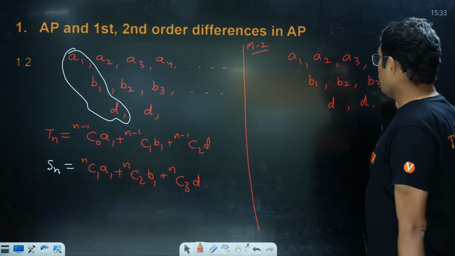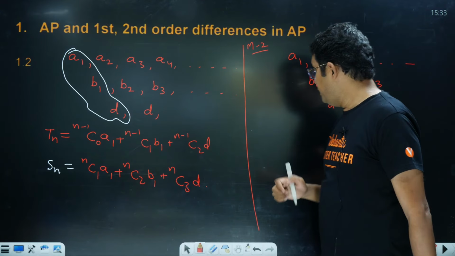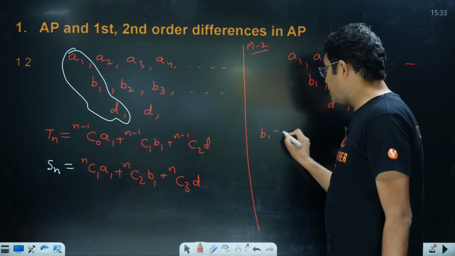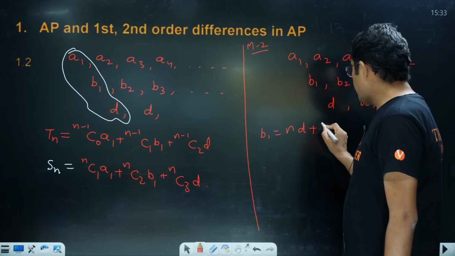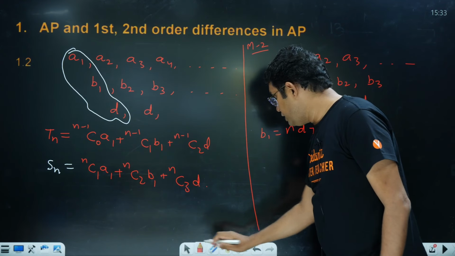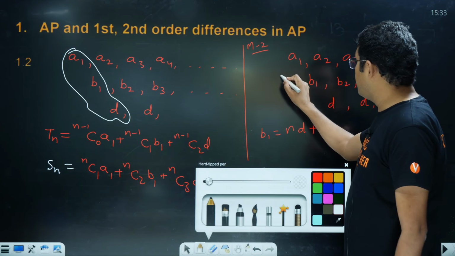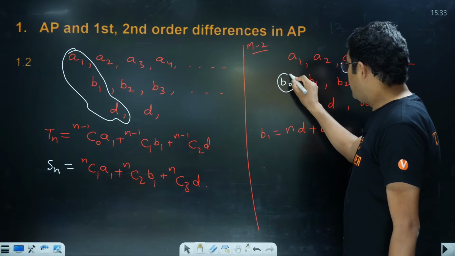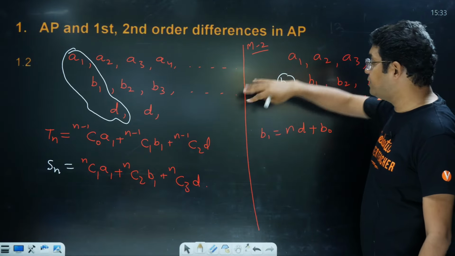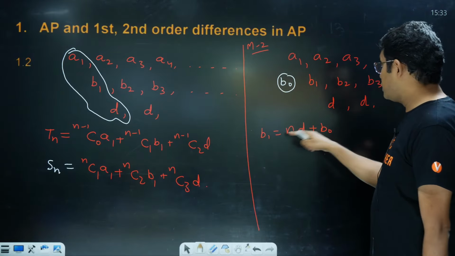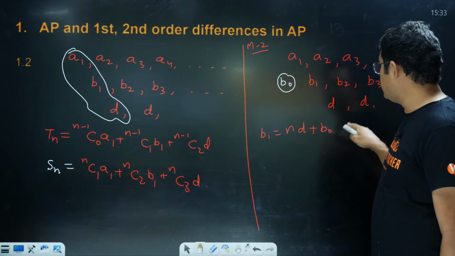Now, as we know, B1 is an AP. So B1 has to be, as I told you in the previous slide also, n into D plus B0. And what is this B0? I told you B0 would be something if we follow this pattern of AP one step backwards. So B1 will be equal to n into D plus B0.